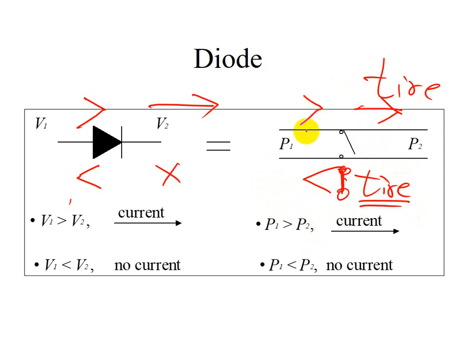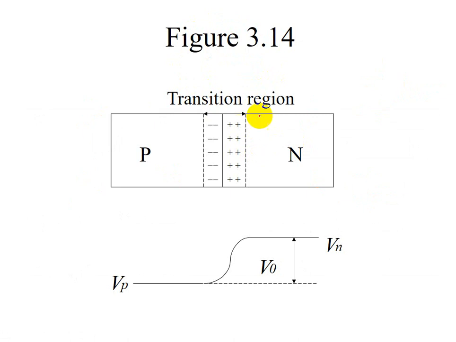This is the concept of a diode. When you have a P-type semiconductor and an N-type semiconductor connected back together, something happens.